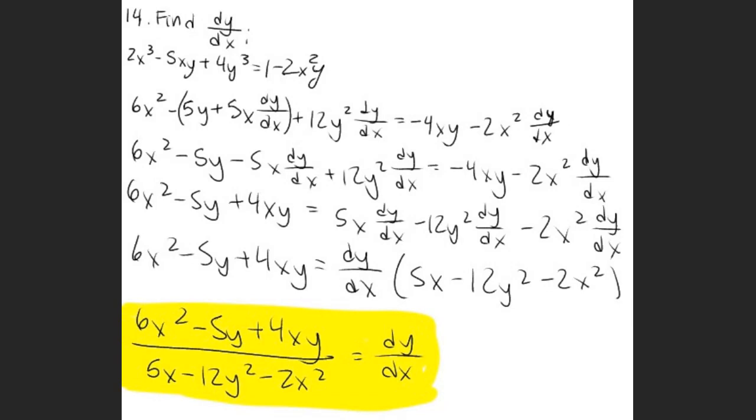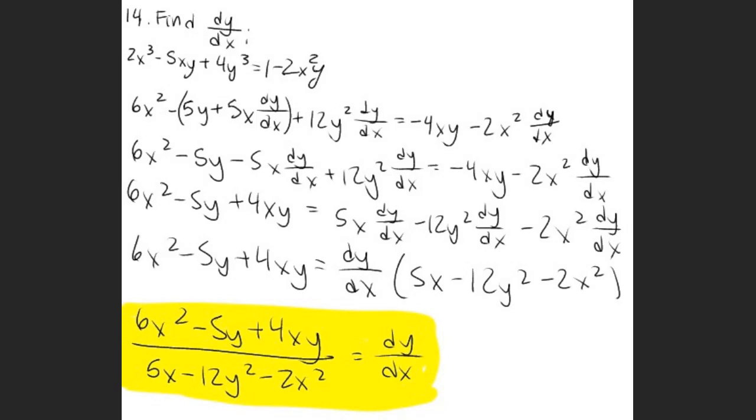And then after that, you want to group the terms with dy over dx on one side so you can factor it out later. So I grouped those terms on the right side, and that turns into 6x squared minus 5y plus 4xy equals 5x dy over dx minus 12y squared dy over dx minus 2x squared dy over dx.